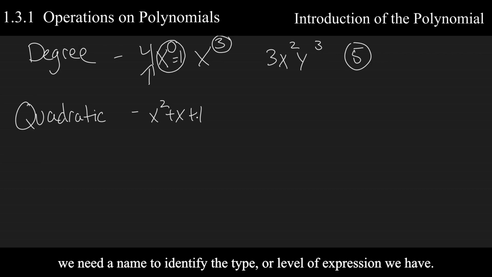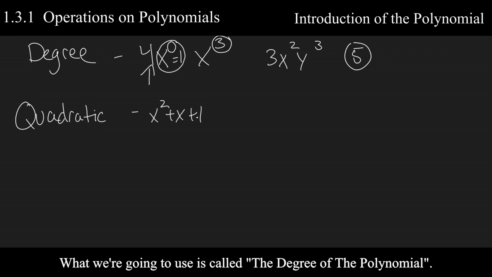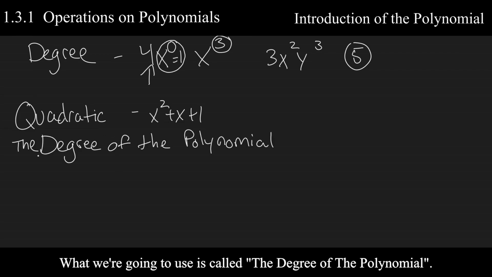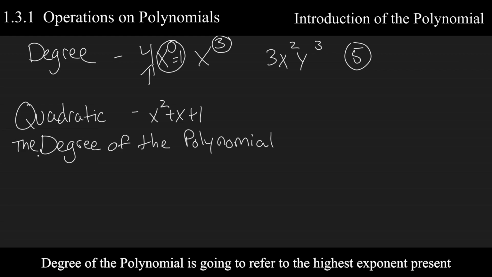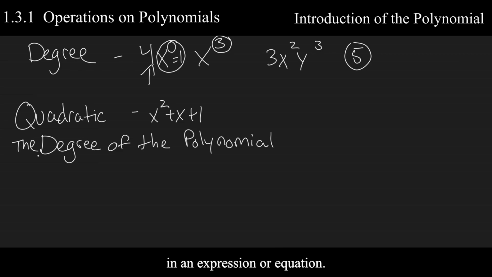Now, with the introduction of quadratics as a formal type of expression in our trinomial section, we need a name to identify the type or level of expression we have. What we're going to use is called the degree of the polynomial. The degree of the polynomial is going to refer to the highest exponent present in an expression or equation.